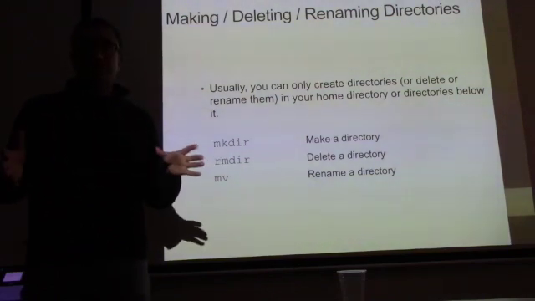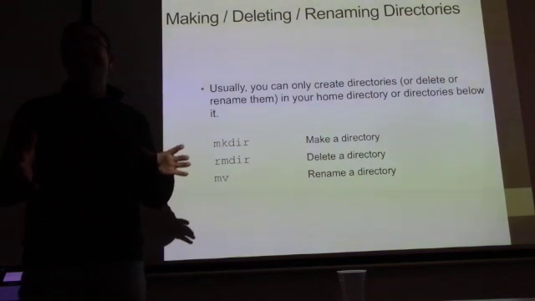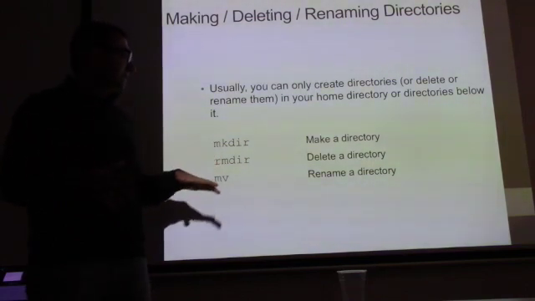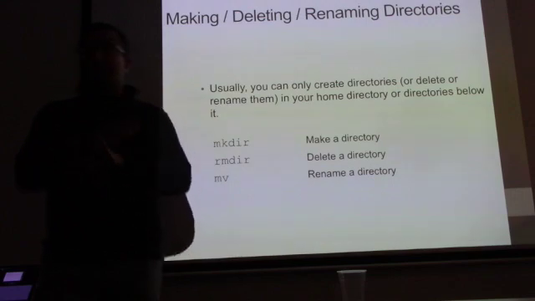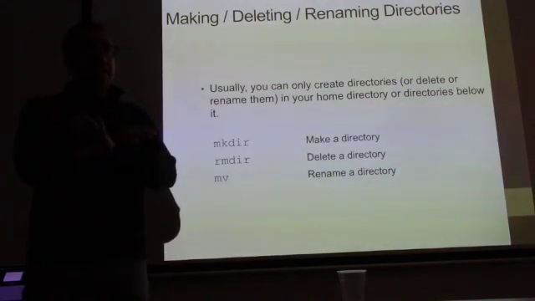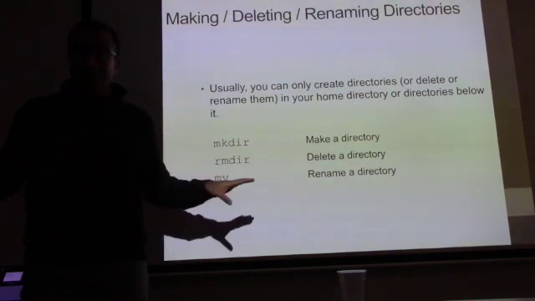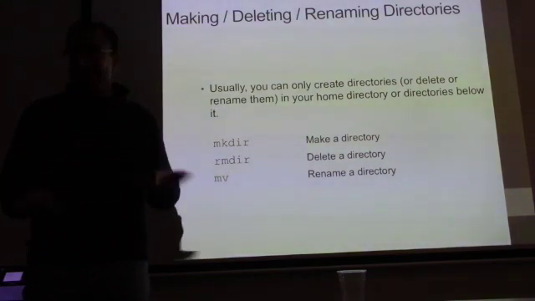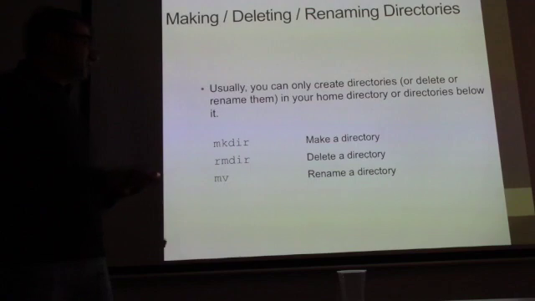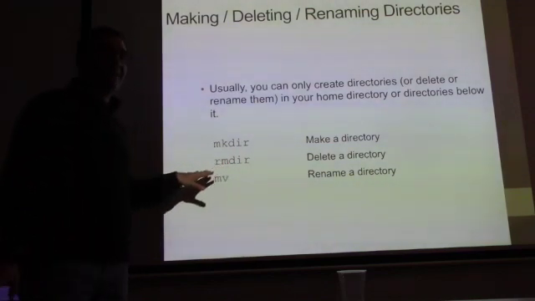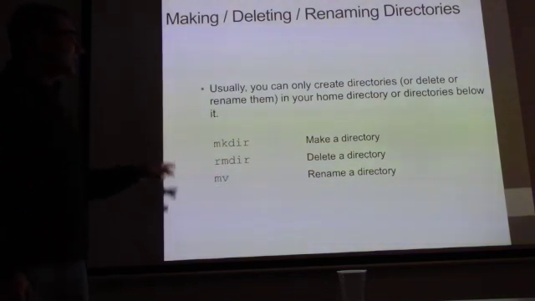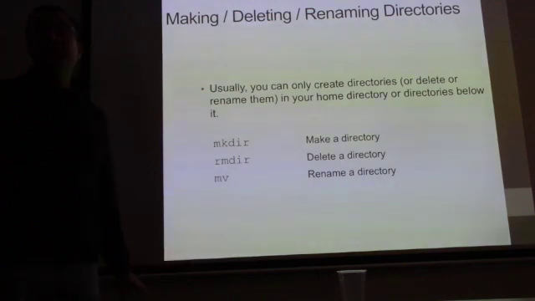There's no trash, which means everything you delete with rmdir is non-recoverable. Ever. It's gone. You will not get it back. No sweat, tears, or anything will bring it back. So, use the remove command, especially rmdir, with caution.